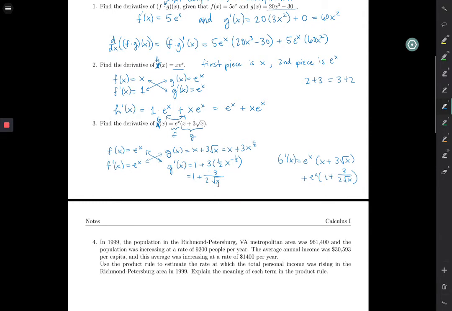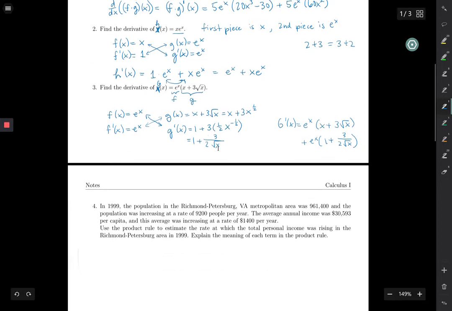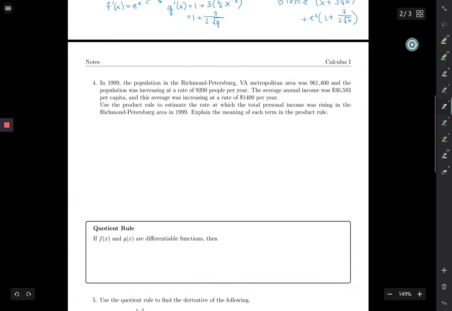Now, this next problem is something that's sort of in context, so it's a word problem, and we can see how we might use the product rule in this case, right? Okay, so this says that the population in Richmond, Petersburg, Virginia was... Actually, I'm going to highlight all of the information that we're given.